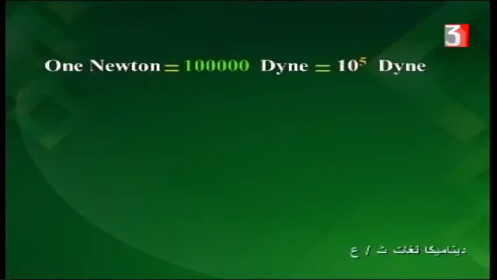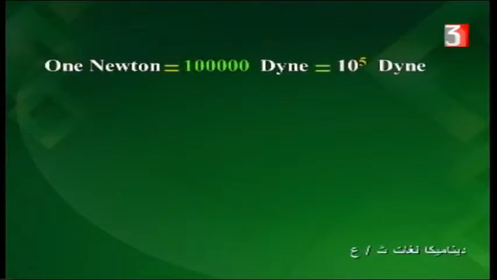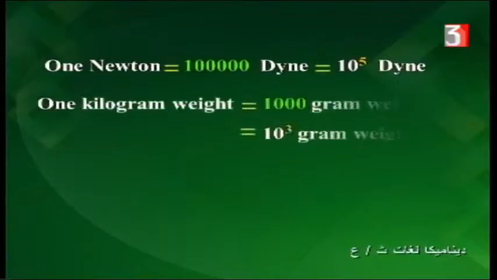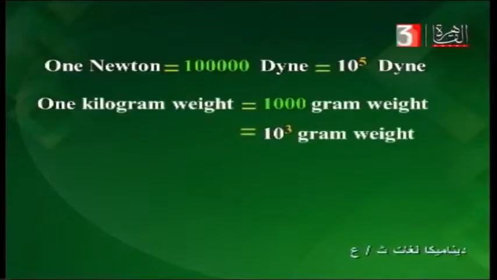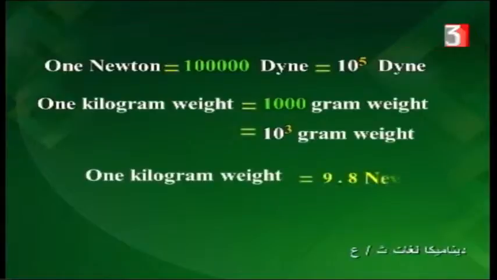Now 1 Newton equals 100,000 dyne, or 10 to the power 5 dyne. And 1 kilogram weight equals 1,000 gram weight, or 10 to the power 3 gram weight. And 1 kilogram weight equals 9.8 Newton.